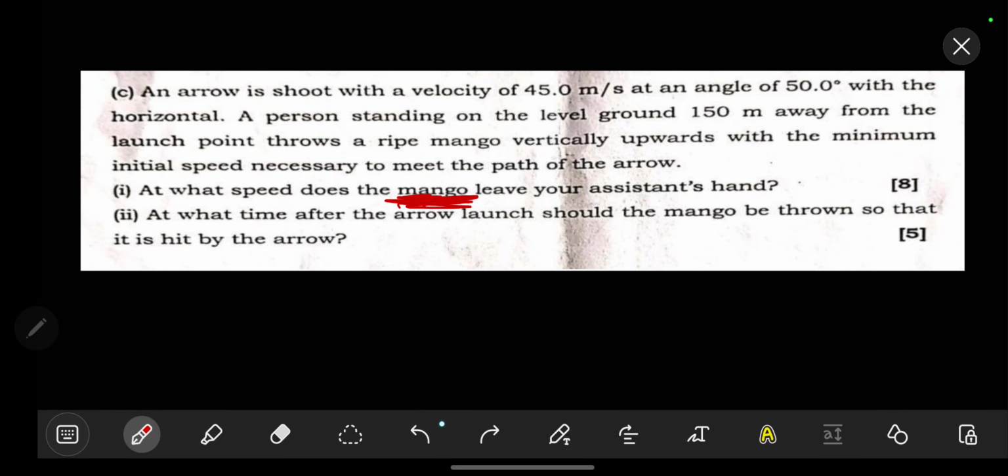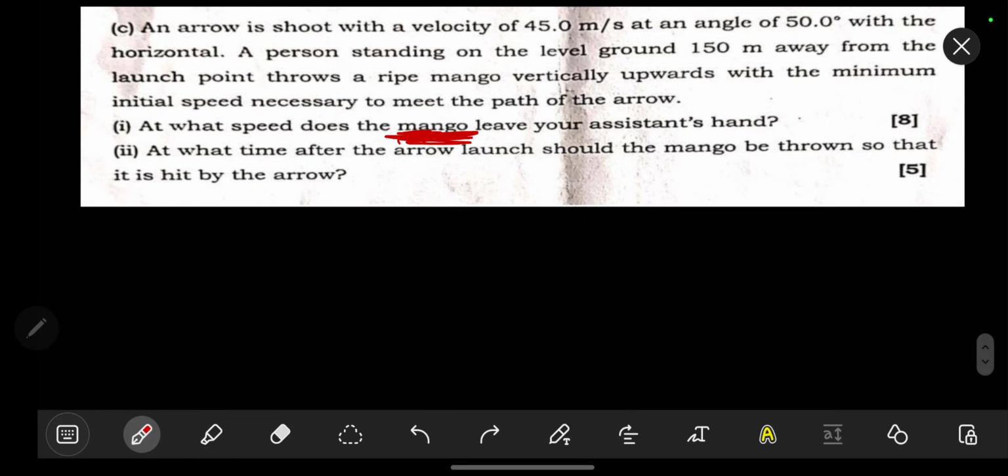So we are going to say, using v squared equal to u squared plus 2as, we are going to find out, because if it's the minimum speed to throw it, the final speed should be 0.